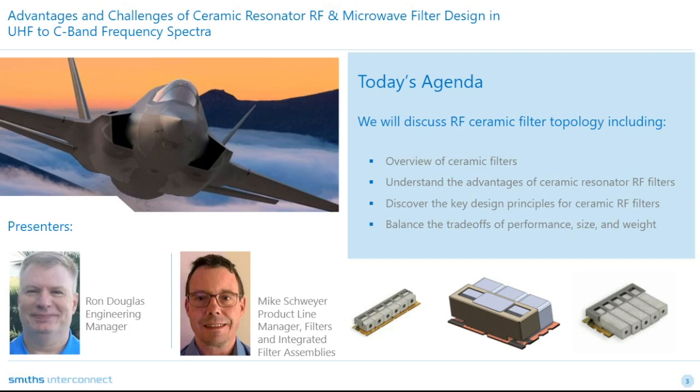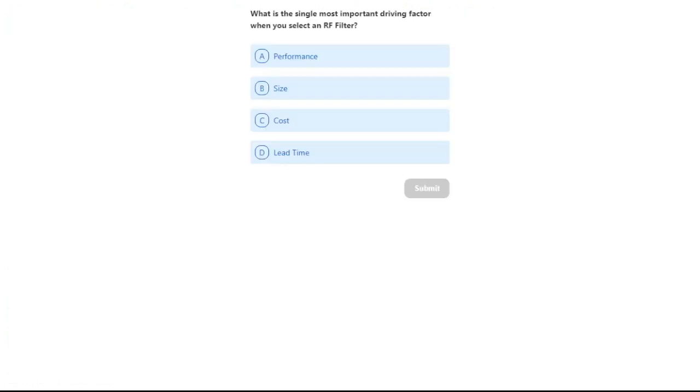All right, so moving on, I have a polling question I would like to put out to the audience to kick things off. The question we're asking today: what is the single most important driving factor when you select an RF filter? We have 4 options for you: performance, size, cost, or lead time.